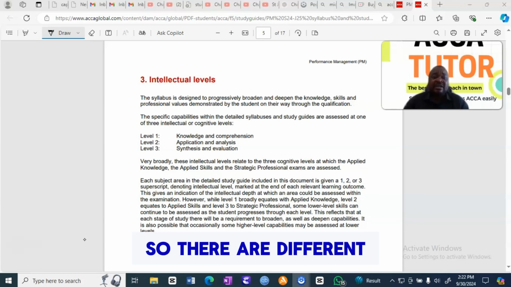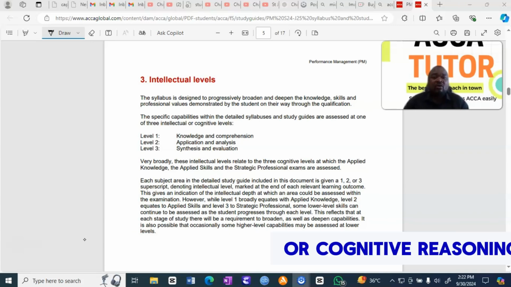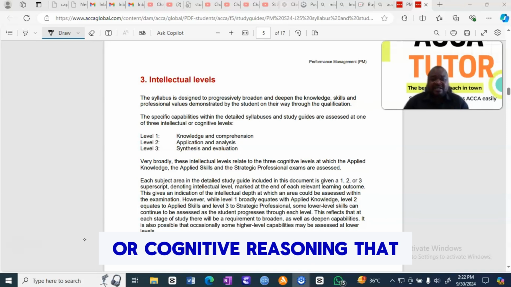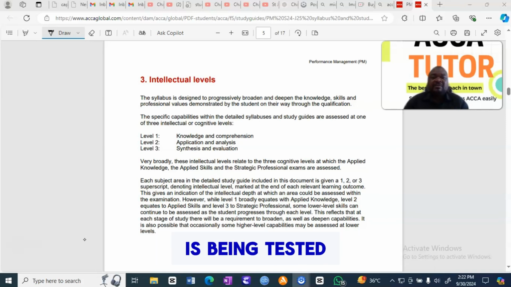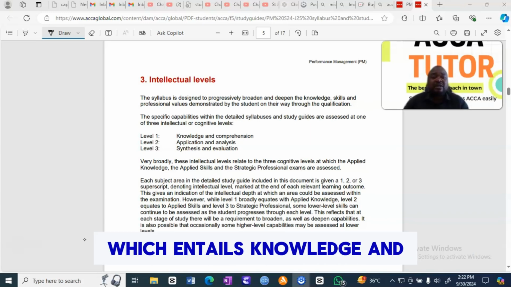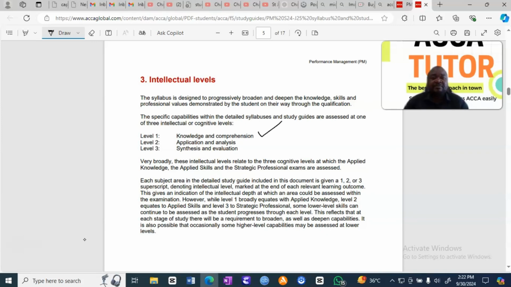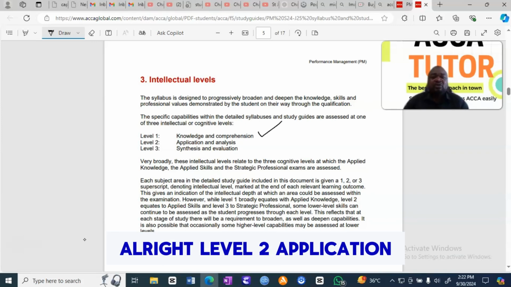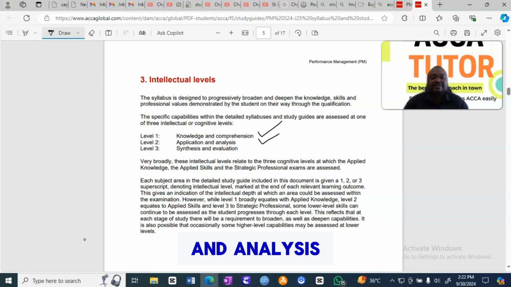So there are different levels of intellectual or cognitive reasoning that is being tested. There is level 1, which entails knowledge and comprehension. Level 2, application and analysis. Then level 3, synthesis and evaluation.